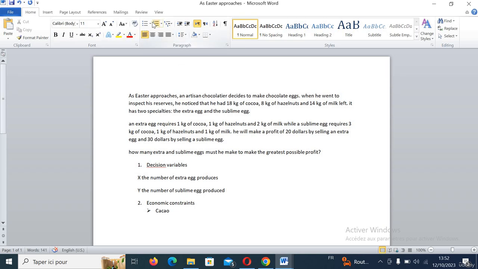The extra egg requires 1 kg of cacao, and the sublime egg requires 3 kg of cacao. So that means to produce one extra egg, we require 1 kg of cacao. To produce a sublime egg, we require 3 kg of cacao.